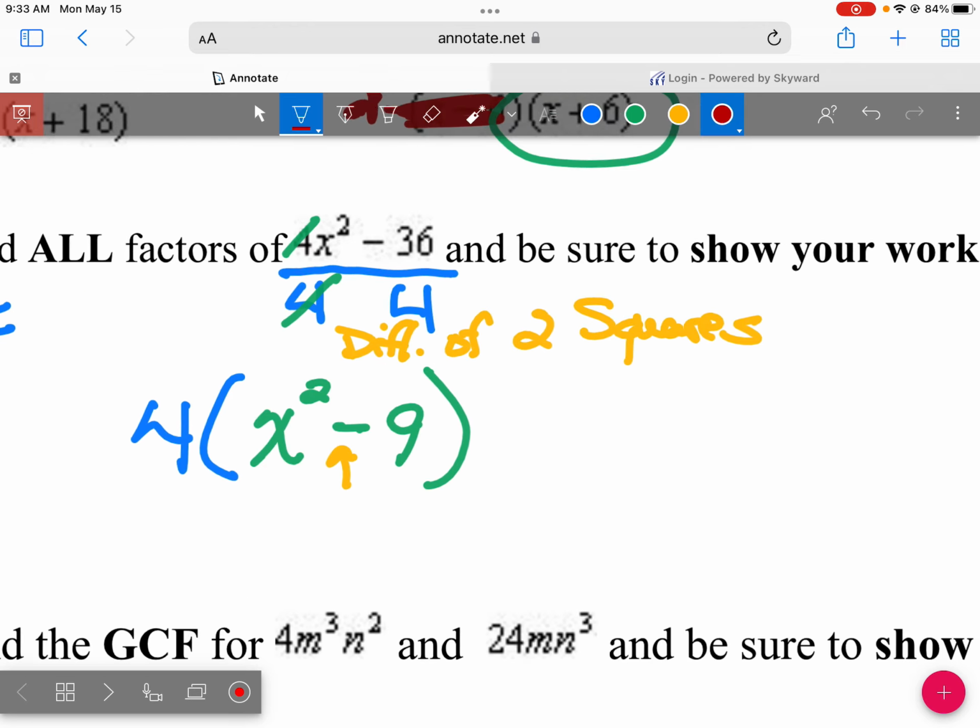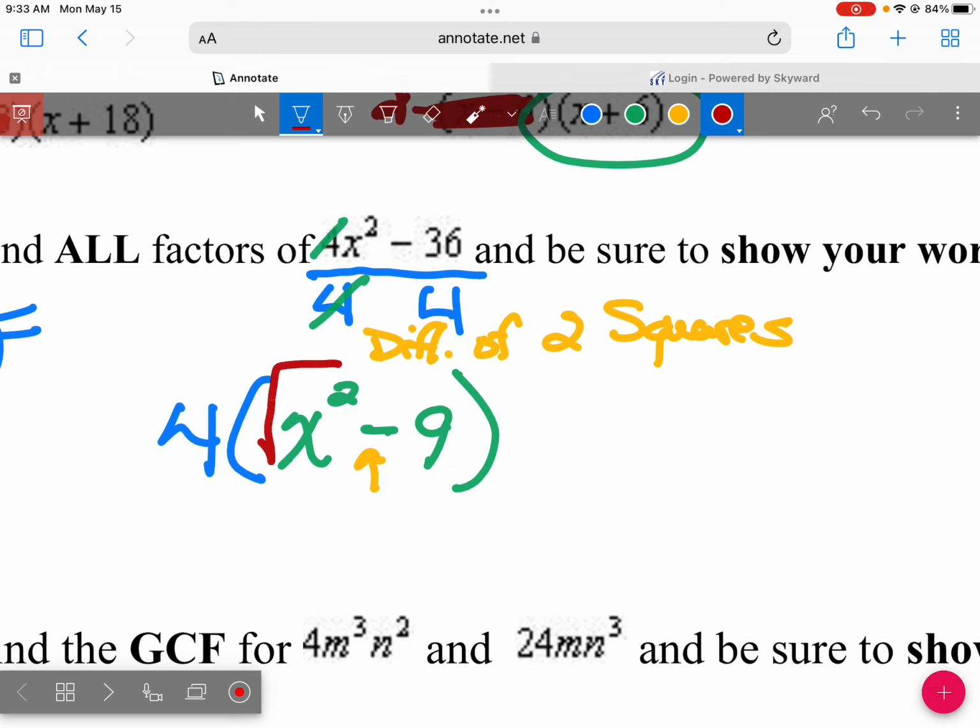And yes, it is, again. So we need to take the square root. The x squared and the square root cancel out, so that's going to leave me with an x here. And the square root of 9 is 3.